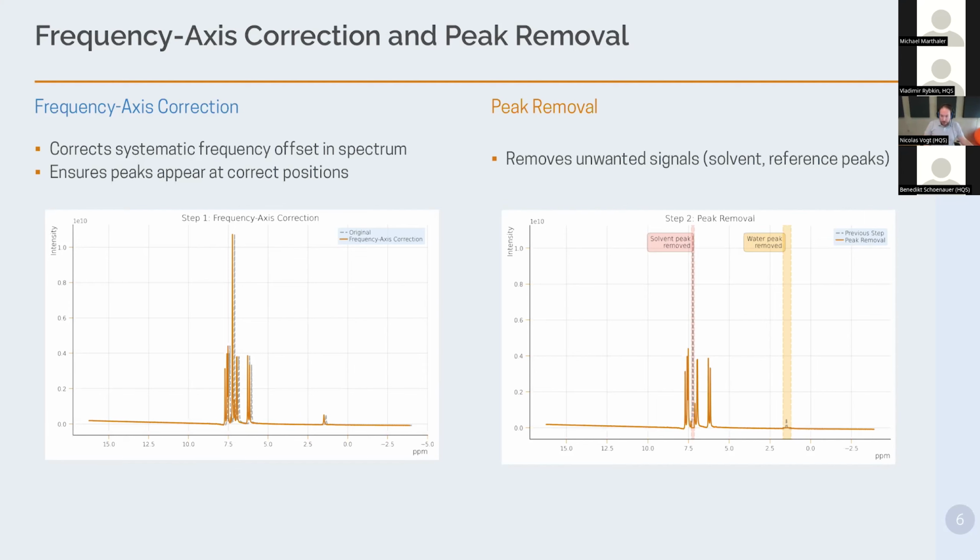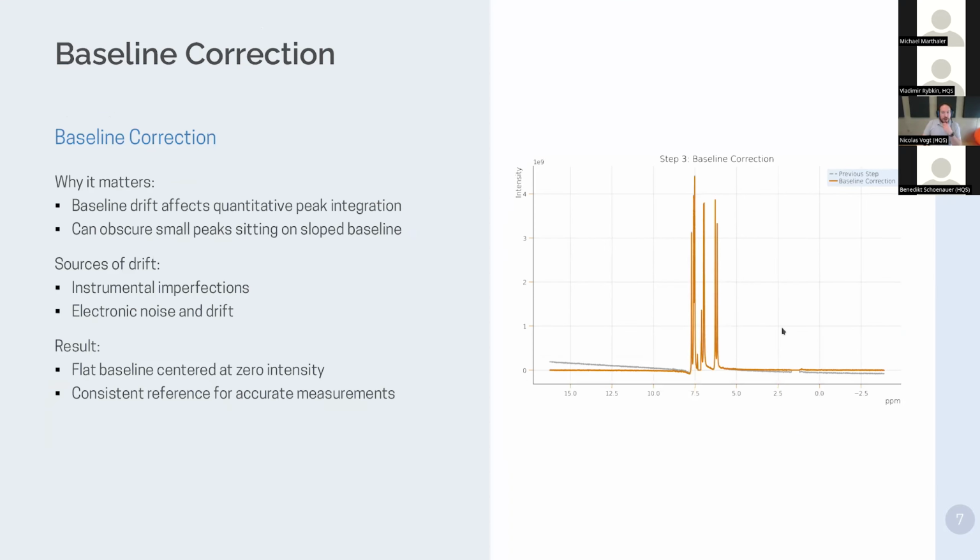Then, as you can see, large parts of the spectrum here are already almost zero. And the reason they're not exactly zero is that one can have a baseline drift. So due to imperfections in the device, due to some noise in the electronics, you can have a drift of this baseline, so of the correct zero across the spectrum that you have recorded.